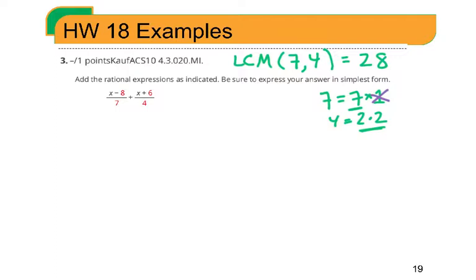So I'm going to rewrite this. And this is the way I see it. What do I need to multiply this by? I need to multiply it by 4 over 4, right? Because I want to get the denominator to be 28. What do I multiply the second term by? Well, that's going to be 7 over 7.